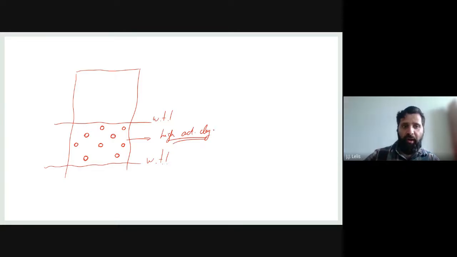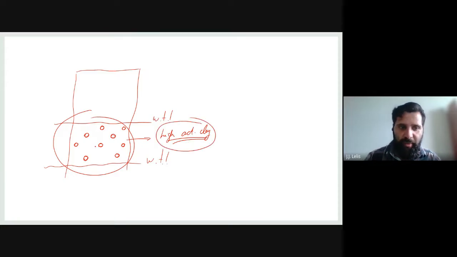So if you found vesicular voids, they could be related to an area that is seasonally flooded or not. So they could be related to a subsurface horizon or a surface horizon, but they always are related to high activity clays, because this spherical shape is only formed by the compression of air or water against the solid particles, the clay particles.